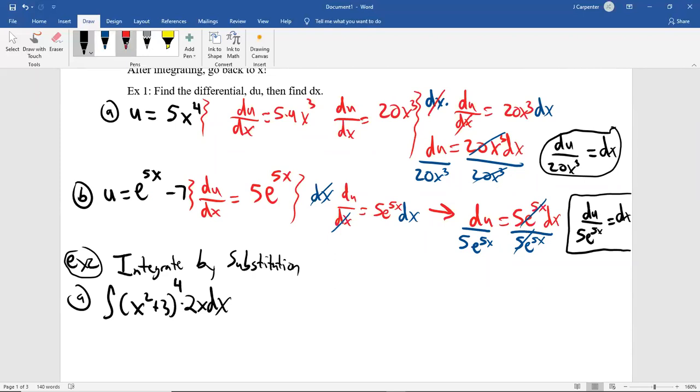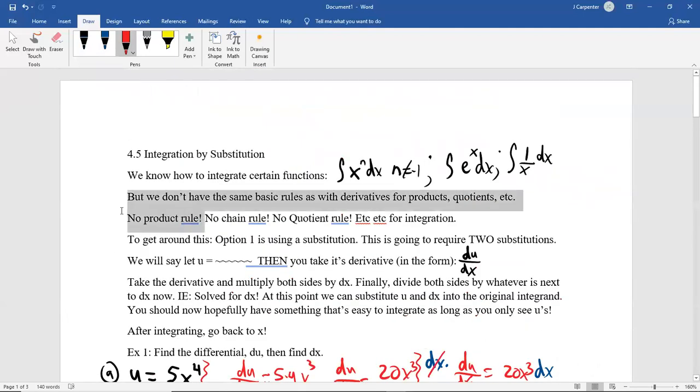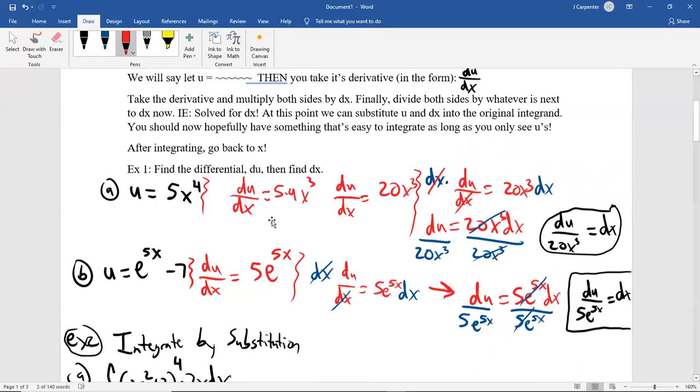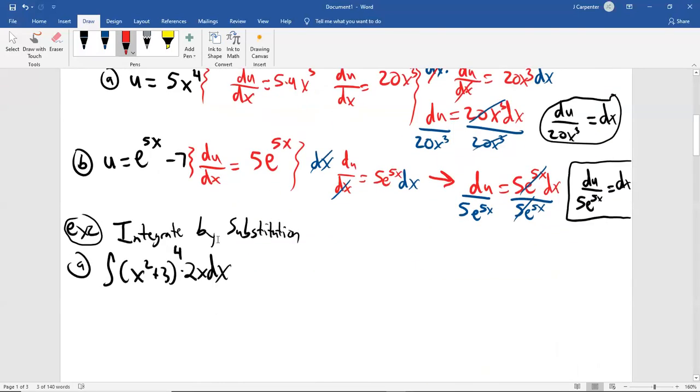So what we have to do is come up with a substitution, because this is a product. This is like an A times a B. And we said earlier, there is no product rule for integration. Also, it kind of looks like you'd have to chain this. You got an inside bit with an outside bit. Well, there's no chain rule for integration. Fortunately, this is all going to fold into itself with our substitution.